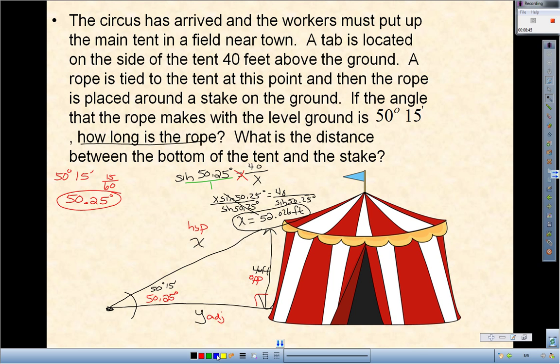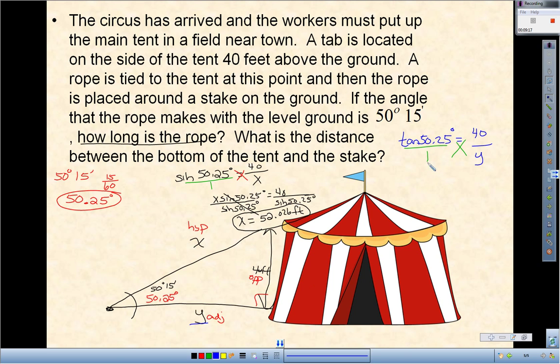Alright, let's solve for Y now. Now, Y is adjacent. You know what the hypotenuse is now, so you could, if you want to, use cosine. But since I already have opposite and adjacent, I'm going to use tangent. So tangent of 50.25 degrees is equal to opposite, which is 40, over adjacent, which is Y. Again, I'm going to put this over 1 so that I can cross multiply.